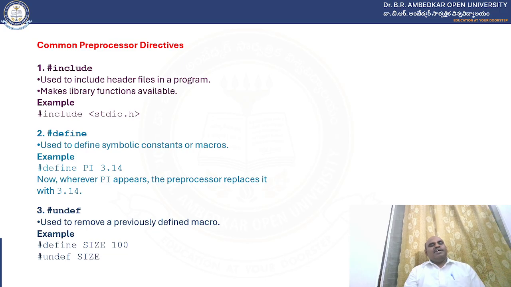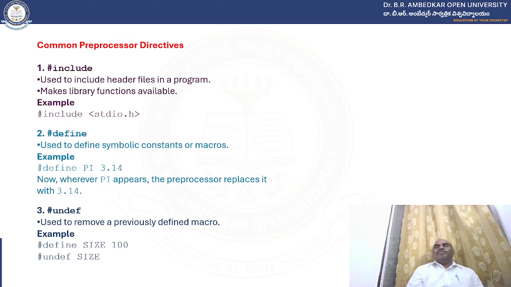The first one is hash include. Hash include is used to include header files in a program. Generally, for input and output functions, we require hash include stdio.h, standard input output, for scanf and printf.